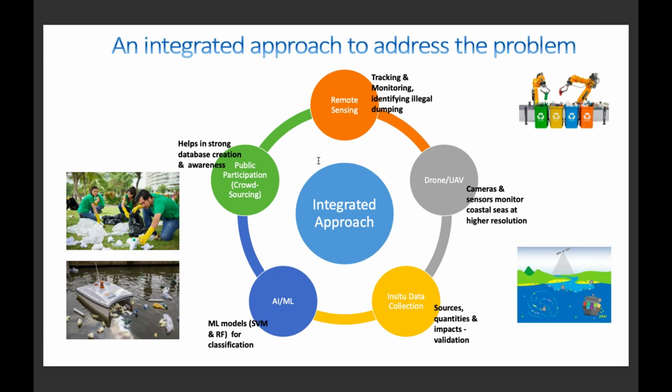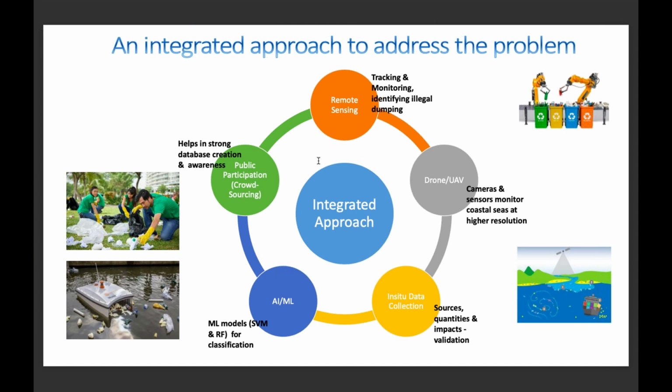It can also help us in collecting samples in an automatic manner, which can later be analyzed for scientific studies, and it can also help us in the cleanup efforts.